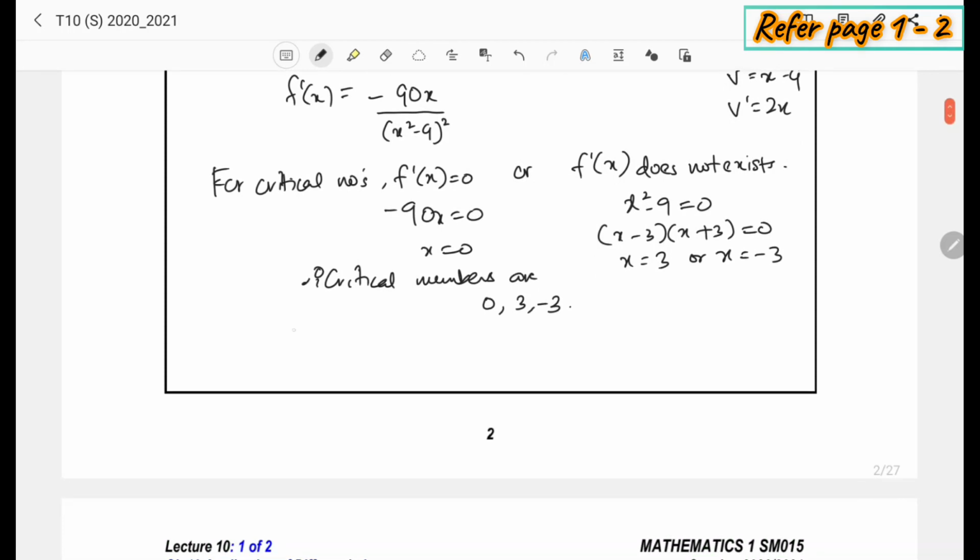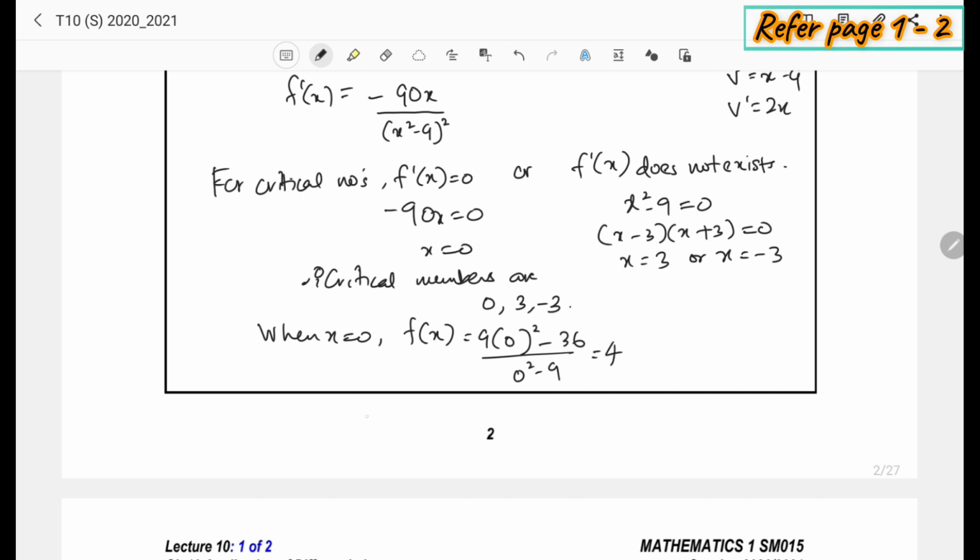Right. So for critical points, we only have critical points when f prime x is 0. So we need to get the corresponding value of f(x). When x is 0, f(x) will be, substituting, 9 times 0 squared minus 36 over 0 squared minus 9.